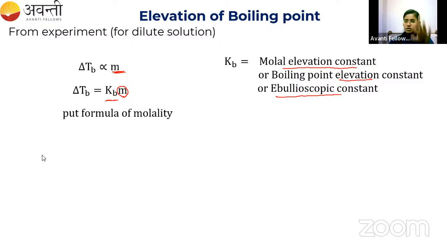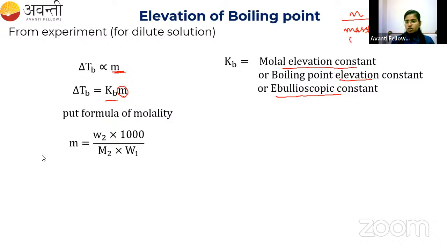Good. Now, if I substitute that here, what will I get? It will be W2 by M2 into 1000 divided by W1 in terms of gram. Number of moles of solute by mass of solvent in kilogram. Number of moles is equal to mass by molar mass.